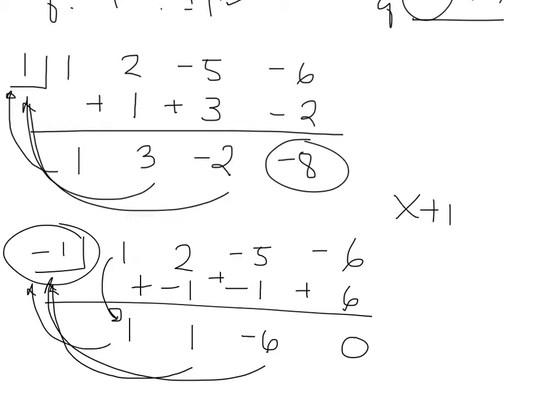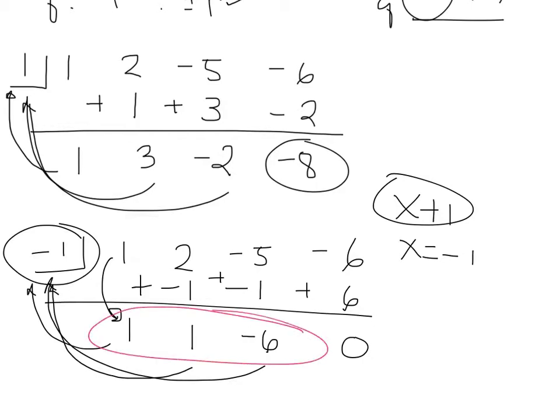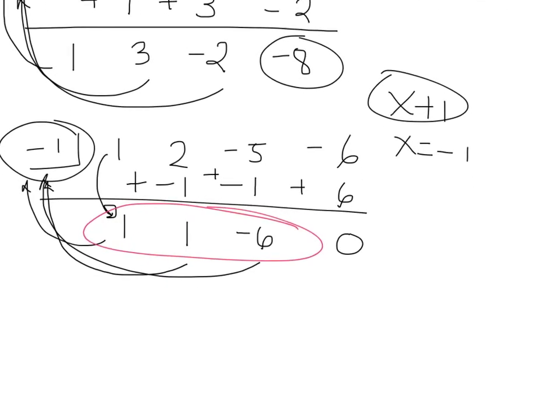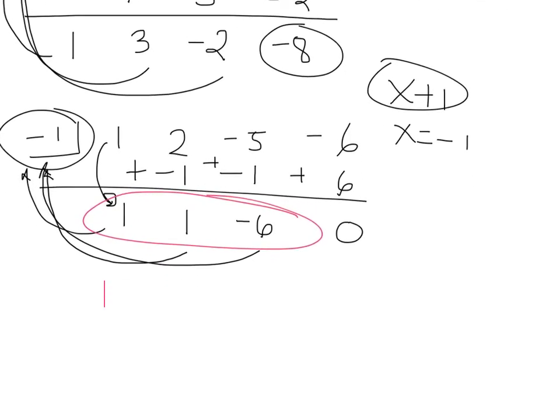In solving, x equals negative 1 is already one of the answers coming from x plus 1. Okay, so where are the other numbers coming from? Remember, there's a use for this set of numbers. This will be forming 1x squared plus 1x minus 6. As you can see, the numbers are used for the quadratic expression.